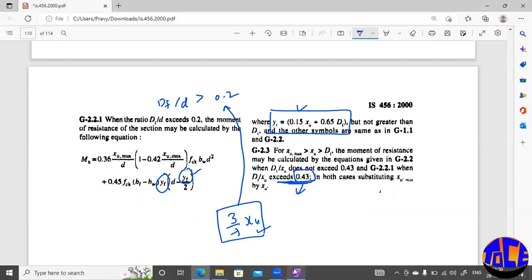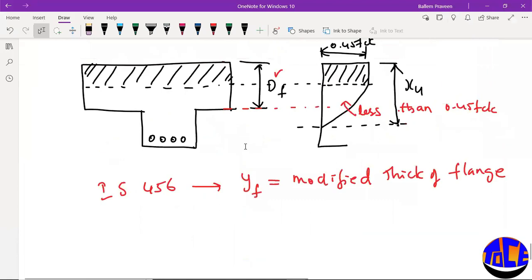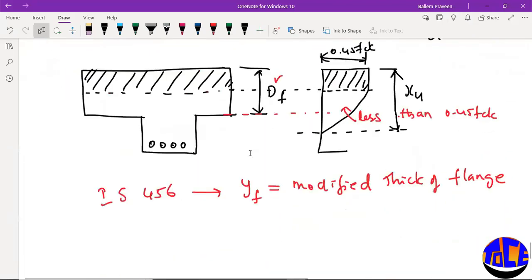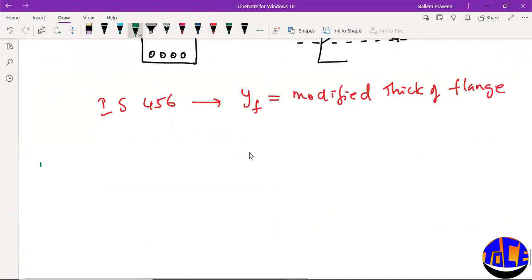If this is the case, we'll modify df with yf. Let us write the same formula.